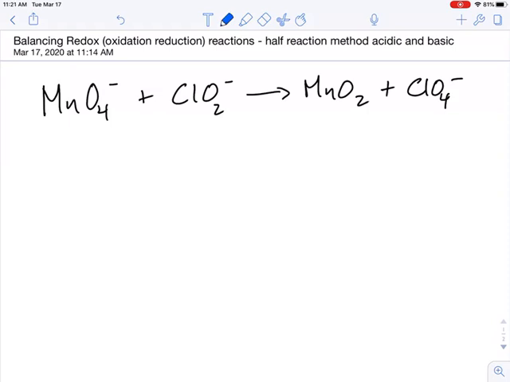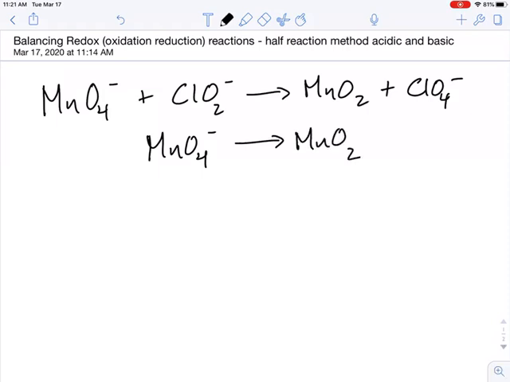So in the half reaction method, what we do is we take our reaction that we have and we split it in half. And so we first take, for instance, the MnO4, and we switch pens here, and we look at how to balance the manganese, what's going on with manganese. So I'm going to take the MnO4 minus, and that's turning into MnO2.